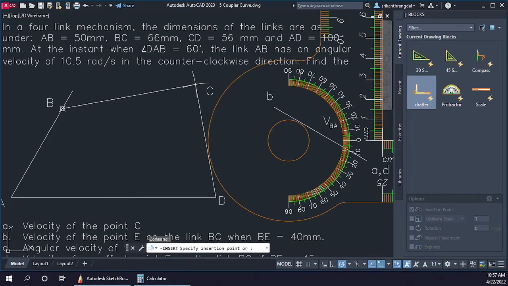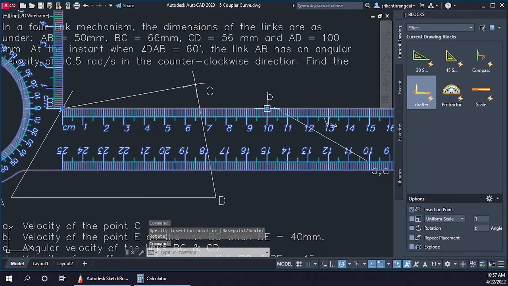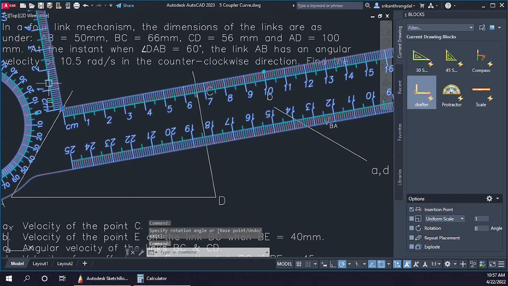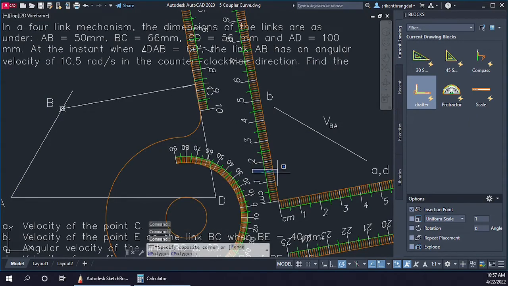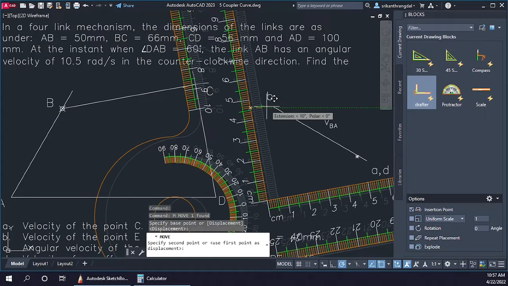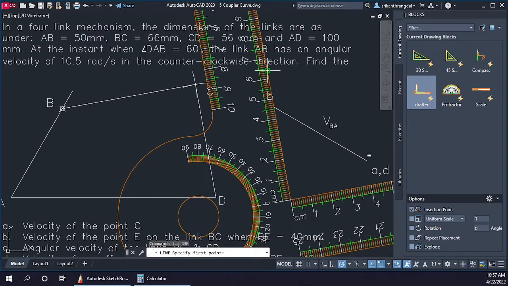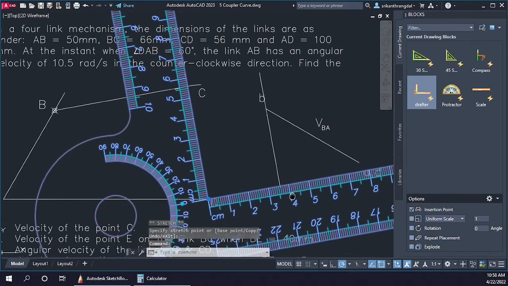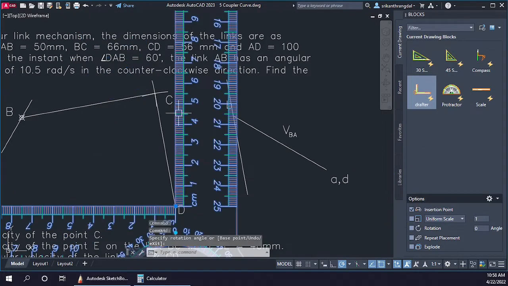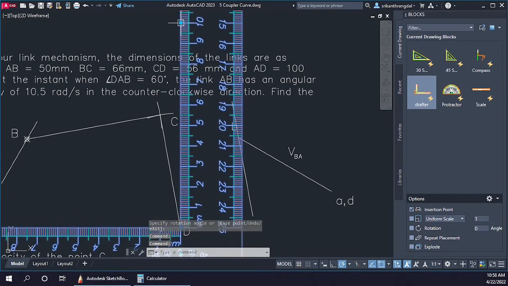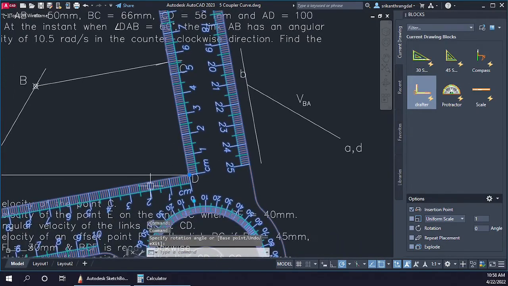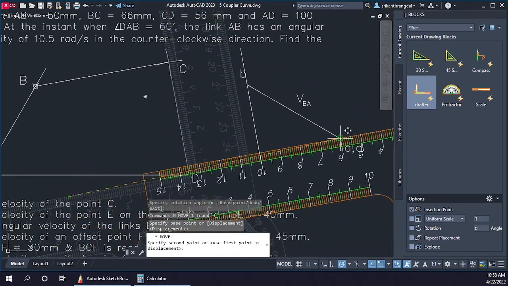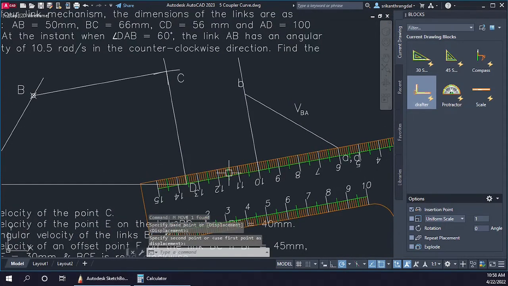So once again, I'll have to take the drafter, make this parallel to this particular line, and then I'll have to use the perpendicular line here, and I need to draw a line perpendicular to this link passing through point B. Then I'll have to place my drafter parallel to this link length, that is CD, and then I'll have to draw a line perpendicular to the link CD, which is passing through this other point.